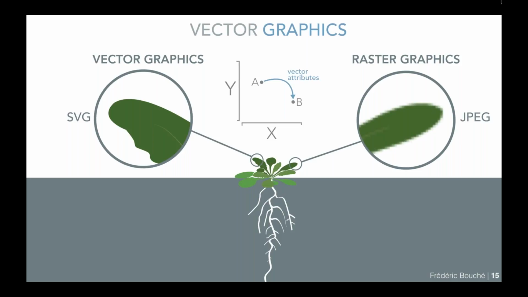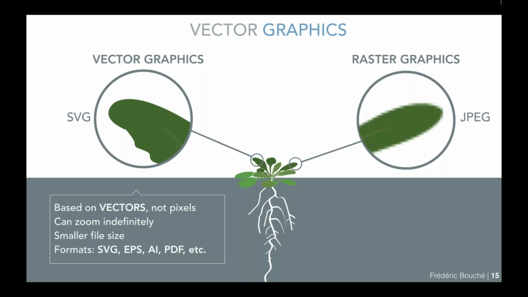And this path is not really a drawing, it has attributes that define its shape. So the shape of the line of the vector is defined by mathematical attributes. This is a major difference because it's not made of pixels but of vectors. And it means that if you zoom in indefinitely on a vector graphic image, you won't see any pixels, while you would see them on a raster graphic.